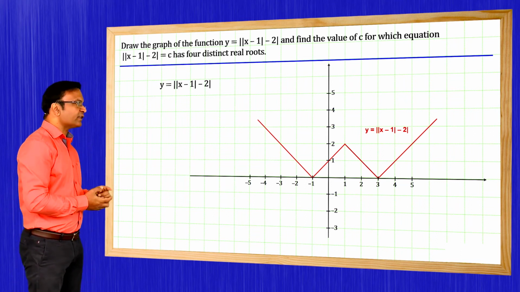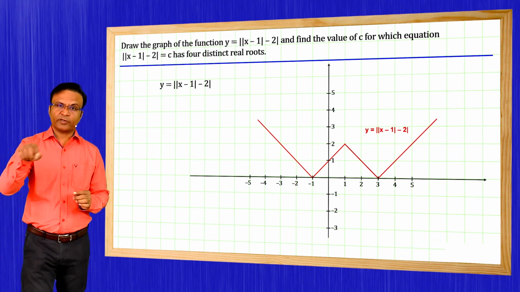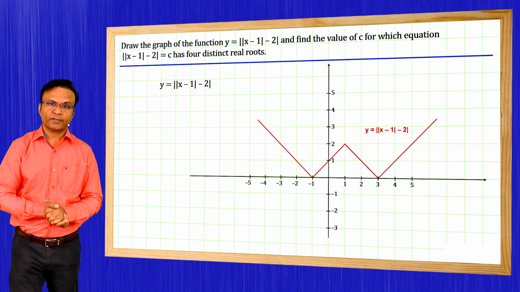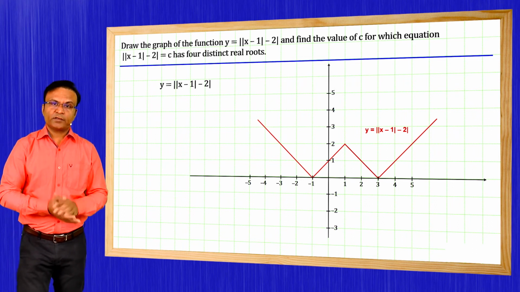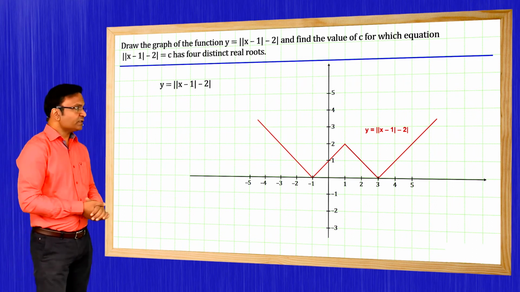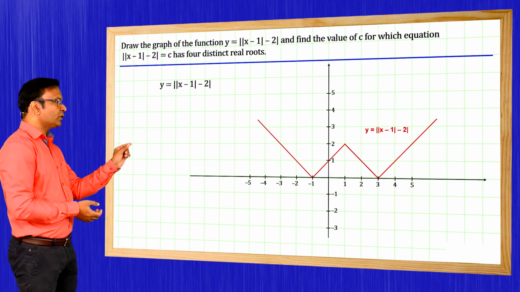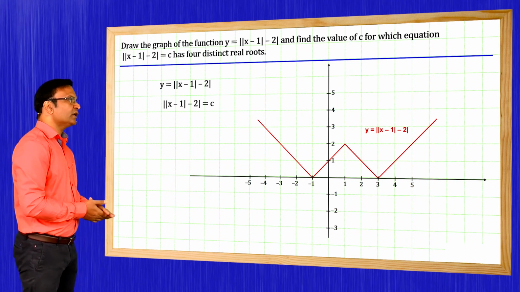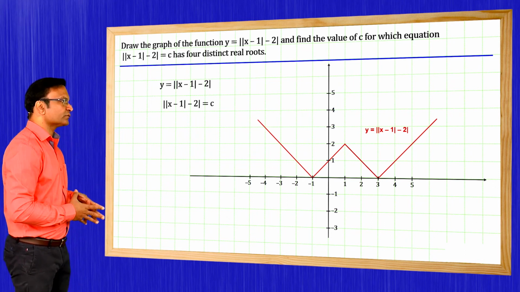We can see that the graph is in the shape of W. W shape के form में graph है ये. Okay. Next is we have to find the values of c for which this equation has 4 distinct real roots.